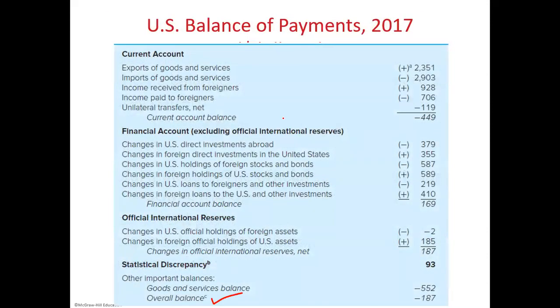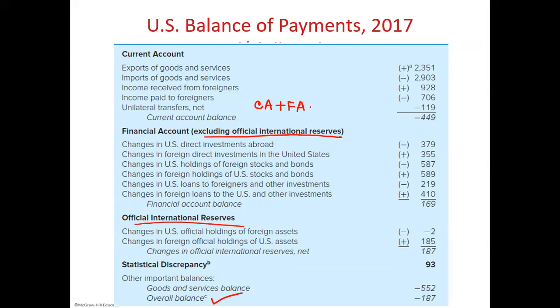Official settlement balance is ideally the summation of the current account plus the financial account. Remember, the financial account does not include the official international reserve. Official international reserve is separate.